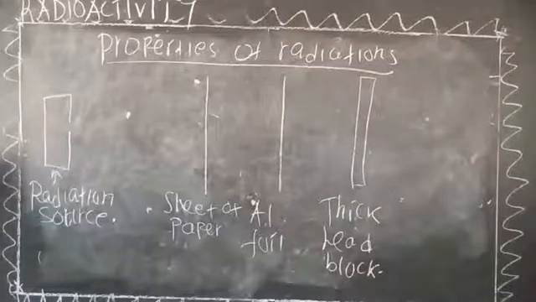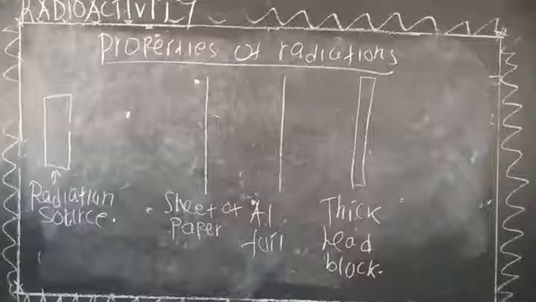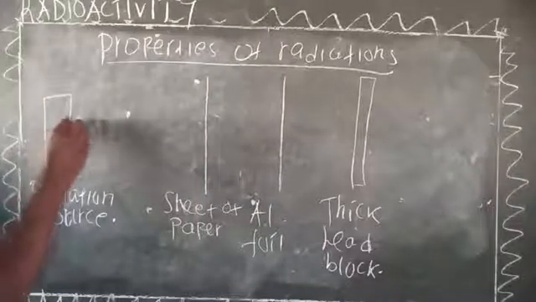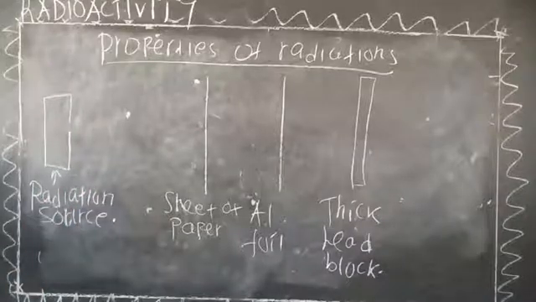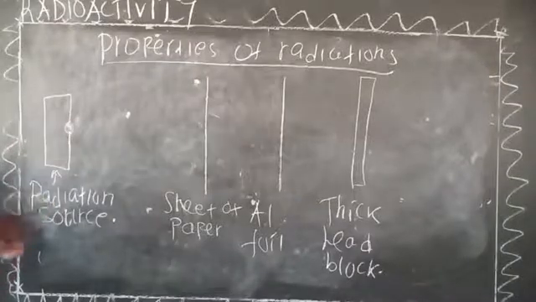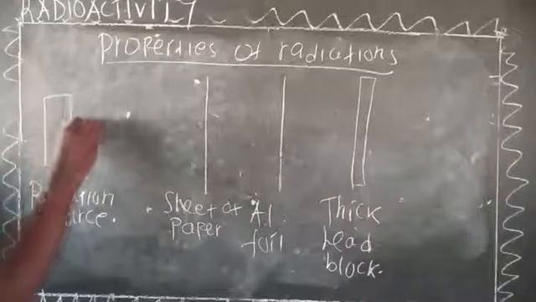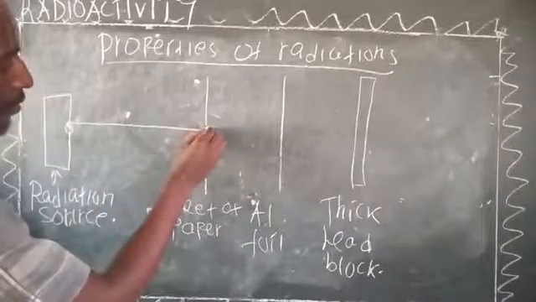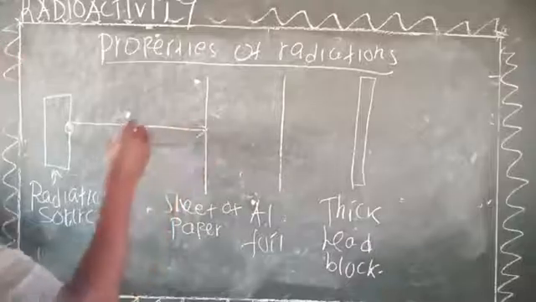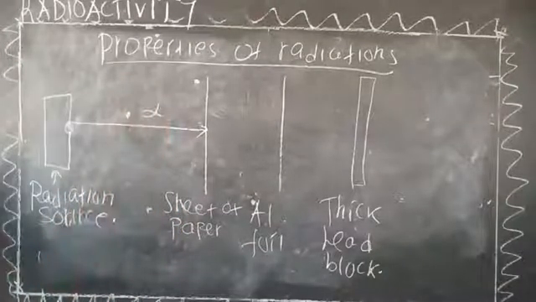So alpha particles, like we said, are the heaviest of all the three radiations. Therefore, the penetrating power of alpha particles is not very high. That means that if they come from this radiation source, alpha radiations can easily be stopped by a sheet of paper.